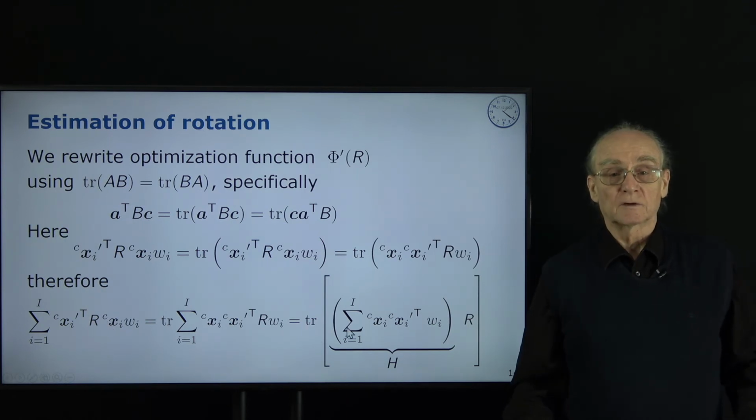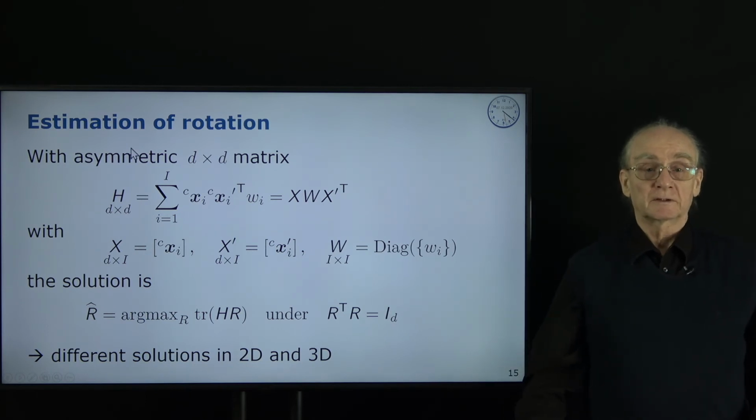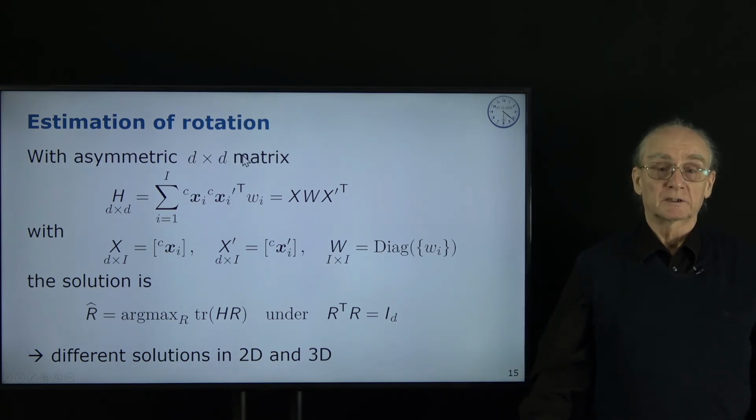And we get the trace of the sums of the dyadic products of our given and observed coordinates, weighted, multiplied with the rotation. We call this matrix H, which we can derive from our given data and the observed data. So what we have is an asymmetric D times D matrix. D is the dimension of our problem, 2 or 3. So we have here a 2 by 2 or 3 by 3 matrix, which is actually the dyadic products of the given and the observed coordinates, weighted.